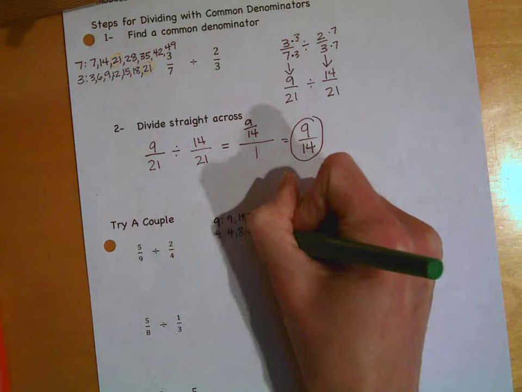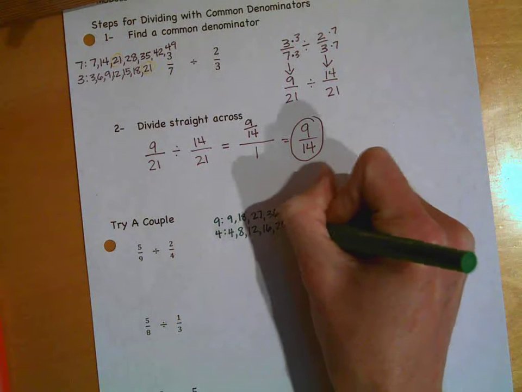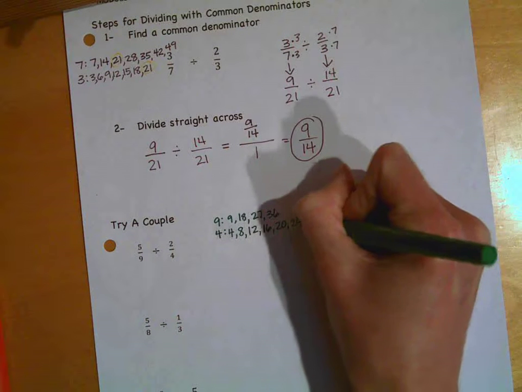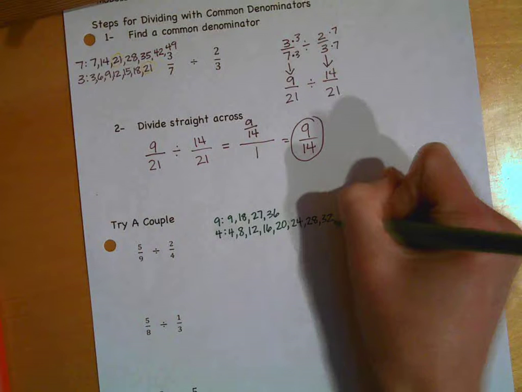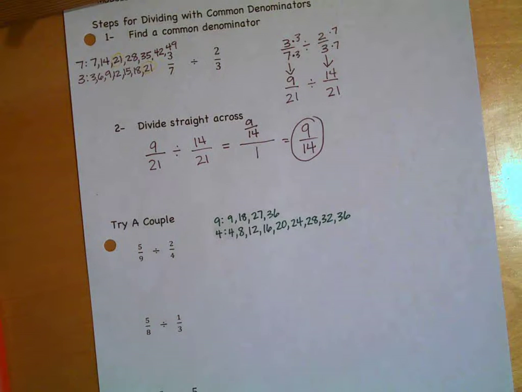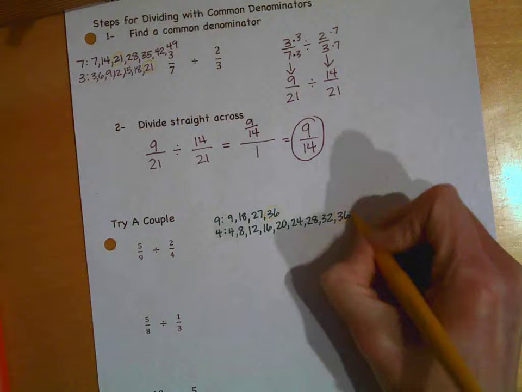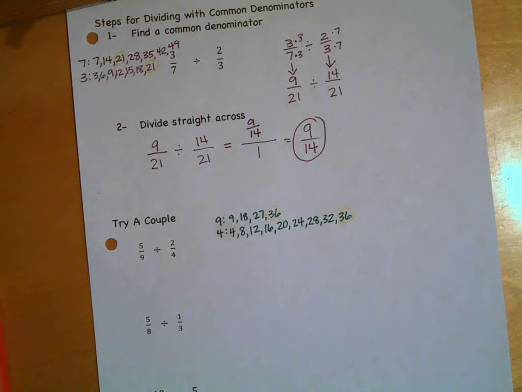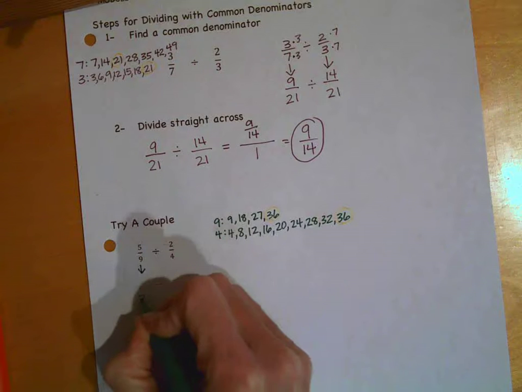Then I'm going to do 4 times 1 is 4, 4 times 2 is 8, 4 times 3 is 12, 4 times 4 is 16, 4 times 5 is 20, 4 times 6 is 24, 4 times 7 is 28, 4 times 8 is 32, 4 times 9 is 36. And I finally found the common denominator for those two. The common denominator that we see is 36.